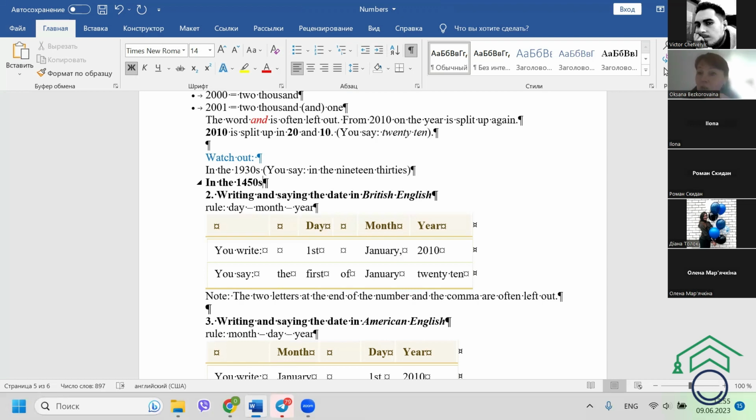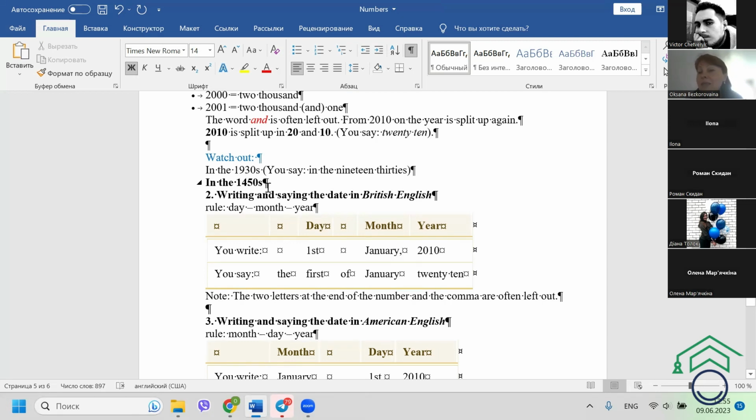Але якщо просто скажемо "у 1970-му", нам не треба ні артикля the, ні закінчення S. In 1970. Або, наприклад, у 1930-му in 1930, а у 30-х, in the 1930s.